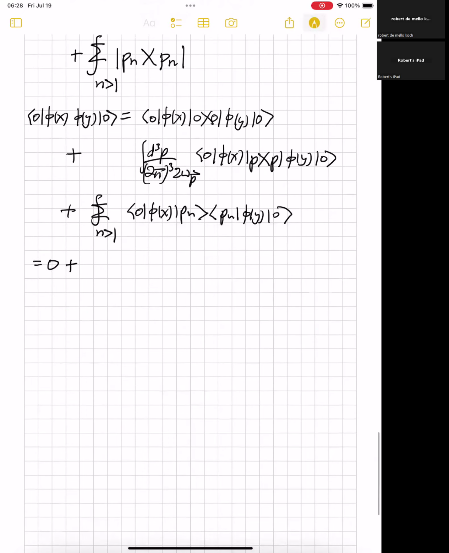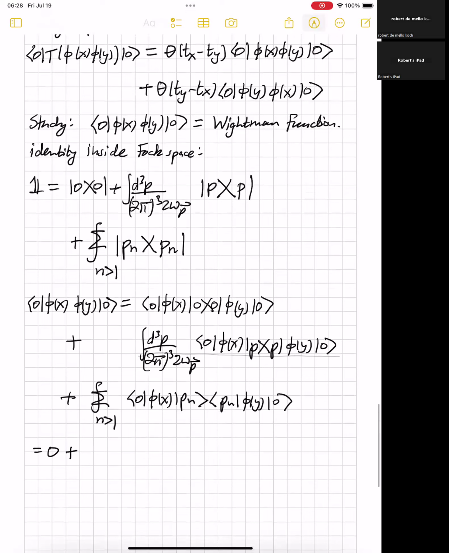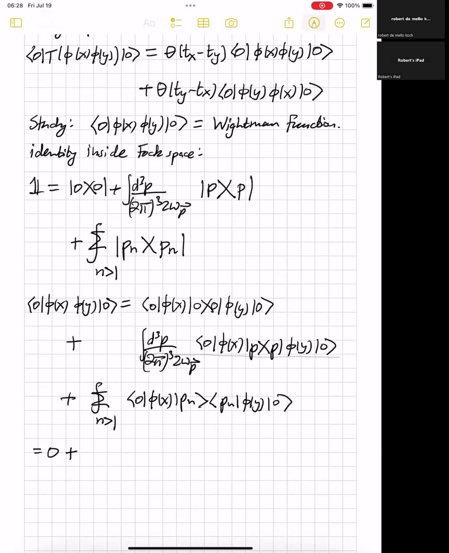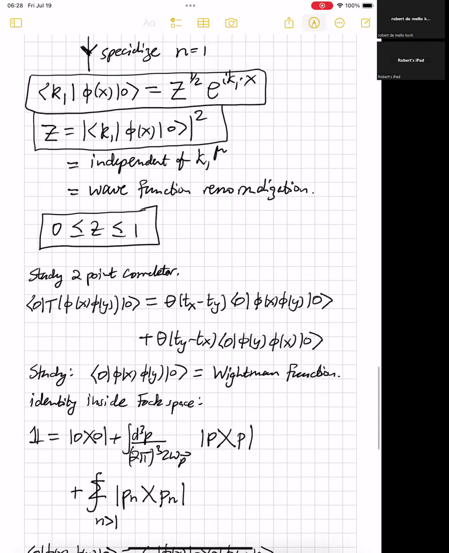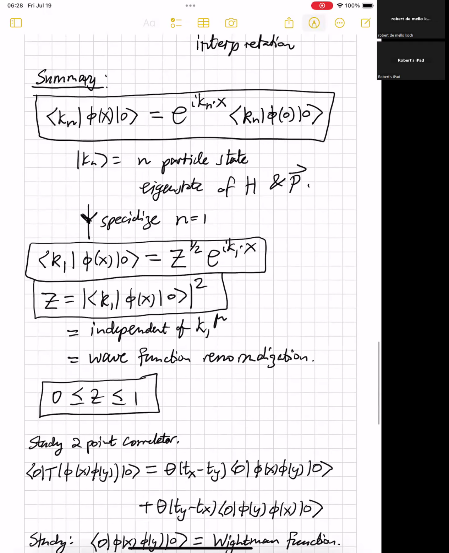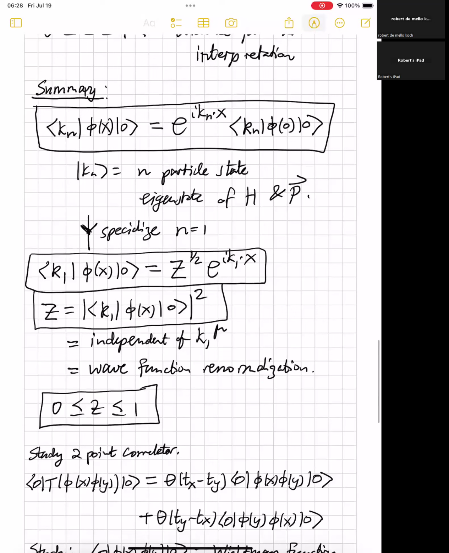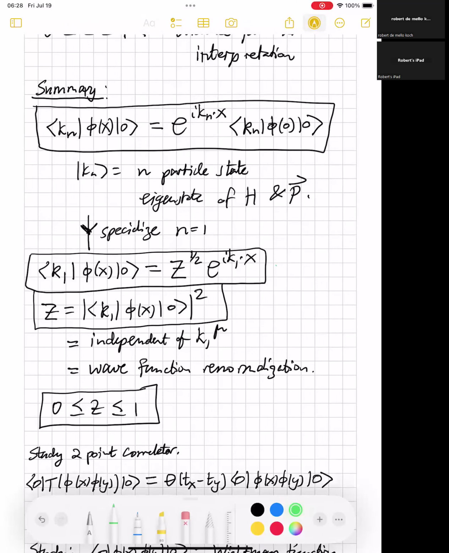What's the second term? Well, this is a matrix element between the field, a one particle state, and the vacuum. So let's take a look. Well, we've studied that over here. We studied the matrix element of k1 with phi of x at 0, that was z to the 1/2 e to the i k1 dot x. So I am looking at this formula over here, and we're going to be using that formula.